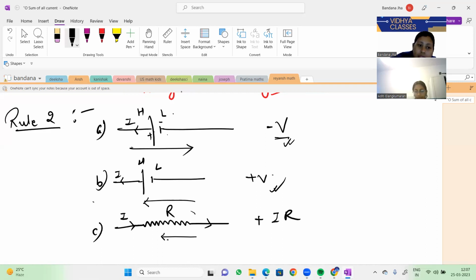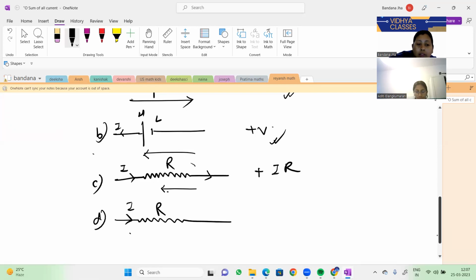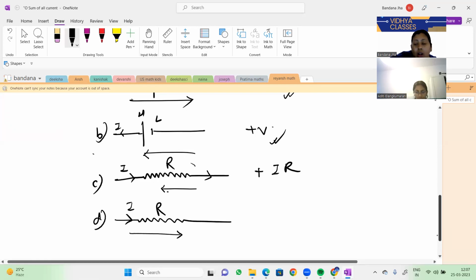Similarly, if the current is going in this direction and we are going along with the current direction, that time it will be negative IR.